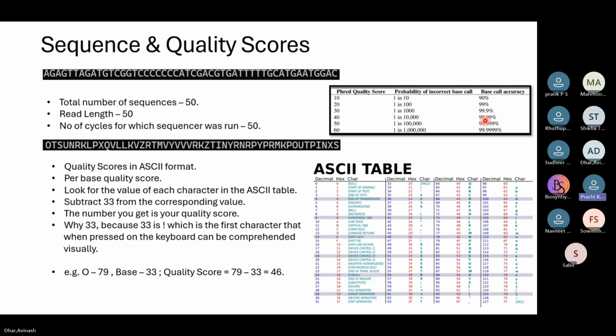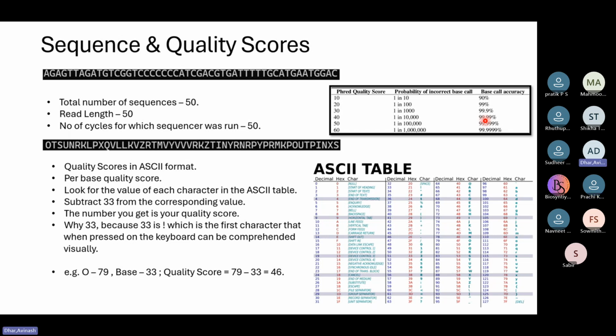From which quality score should we consider it as correct? That's a good question. Generally, it varies. In the initial days of Illumina sequencing, a quality score of 20 was considered brilliant.